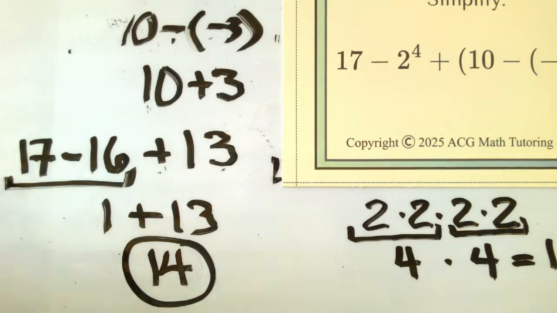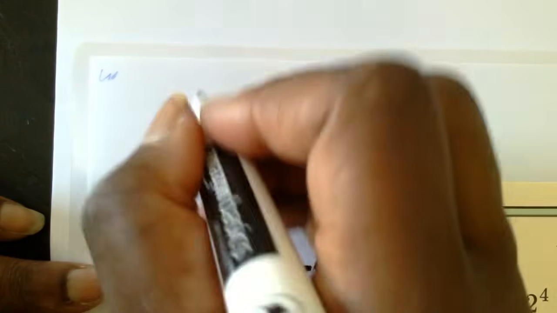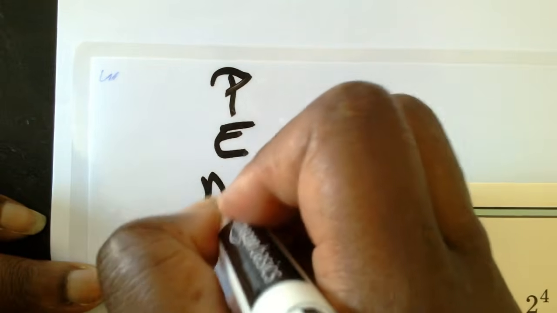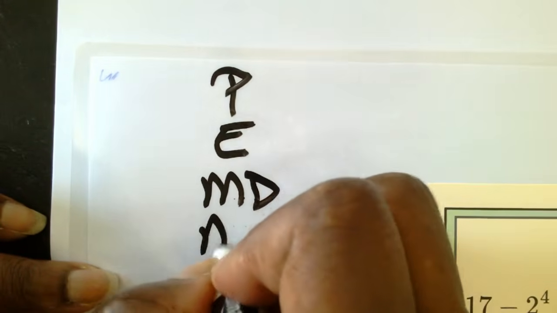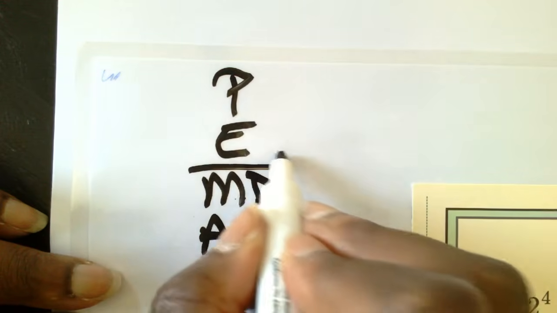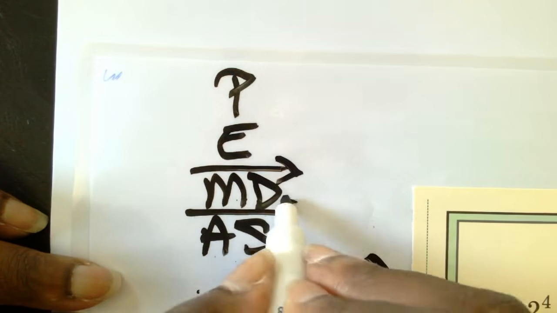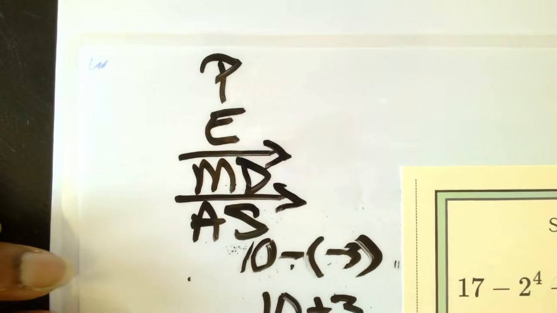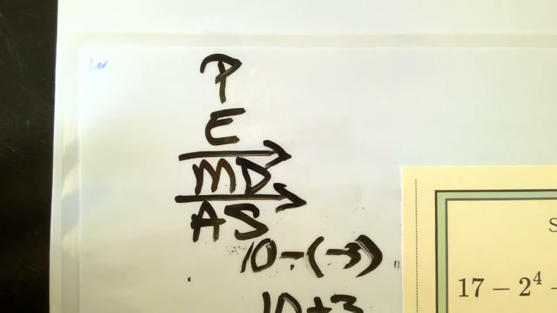Don't forget the PEMDAS rules. Yes, that is going to be key. You have your Please Excuse My Dear Aunt Sally. And the key part that everyone forgets: from left to right. I don't know why, because a lot of people don't emphasize it.